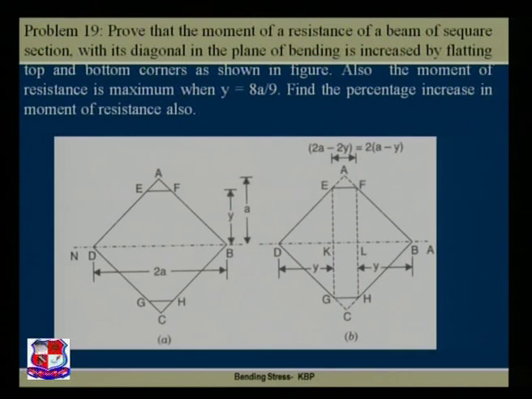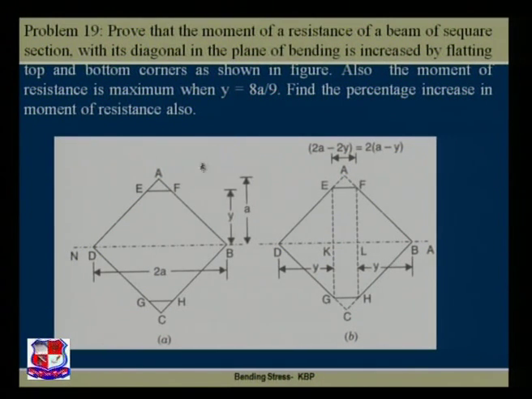Very good question which has been asked over here. Let us understand what data has been given to you and what we have to find out or what we have to prove. First, prove that the moment of resistance of a beam of a square section with its diagonal in the plane of bending is increased by flattening.